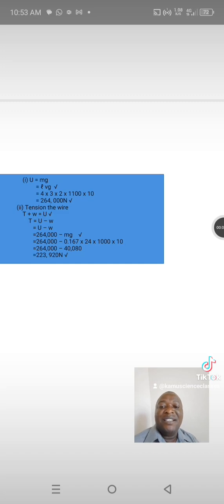So this is the weight of the fluid displaced, or the weight of the seawater displaced, which according to Archimedes is equal to the upthrust. Therefore, we have responded to part (i) of the question given.